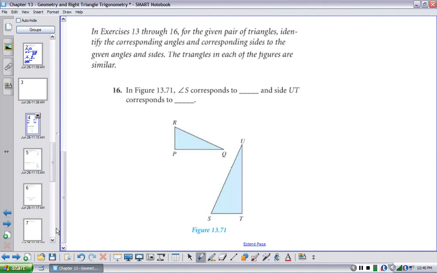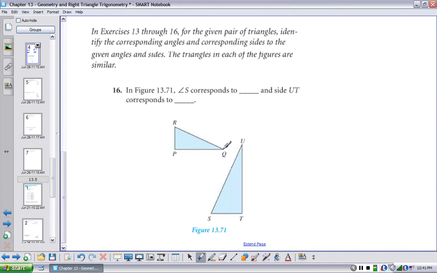All right, so in these next exercises, we want to identify the corresponding angles and corresponding sides to the given angle and sides. It says the triangles are similar. So here it says angle S corresponds to what angle?